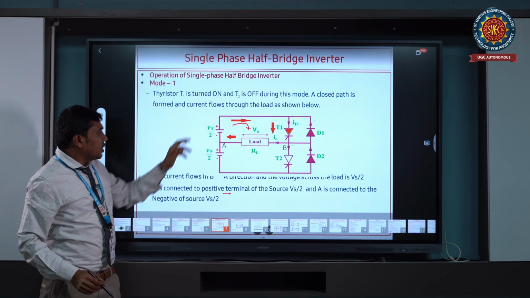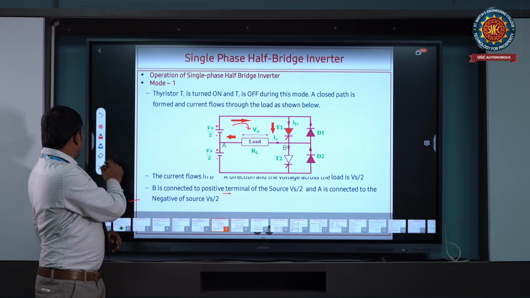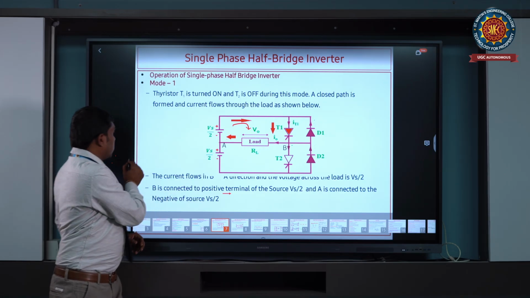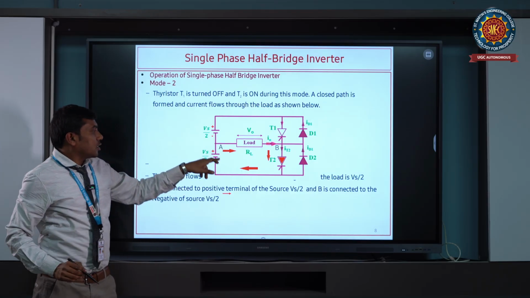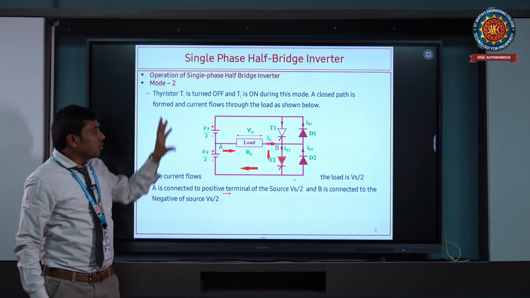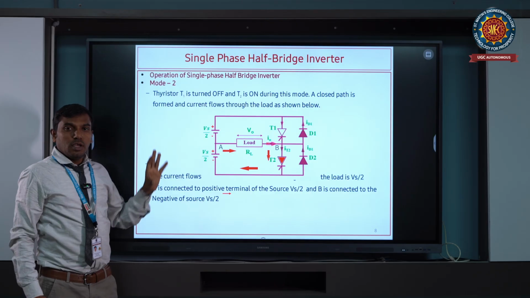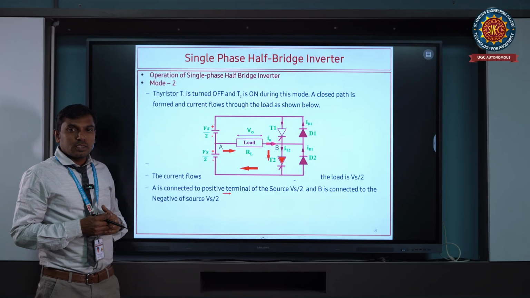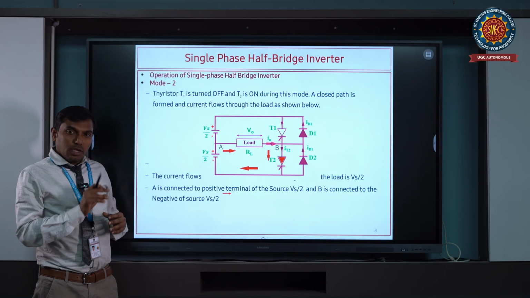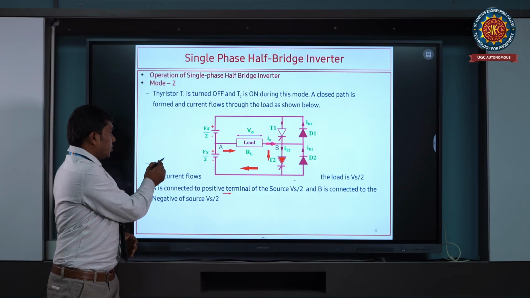Whereas in mode 2, B is connected to the negative and A is connected to the positive of Vs by 2. Like this, we can get the alternate voltage source by switching T1 and T2 alternately, giving some gap so that the switches can be turned on properly.